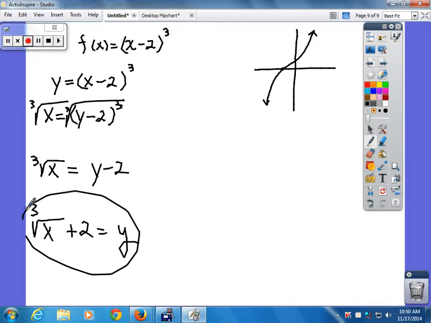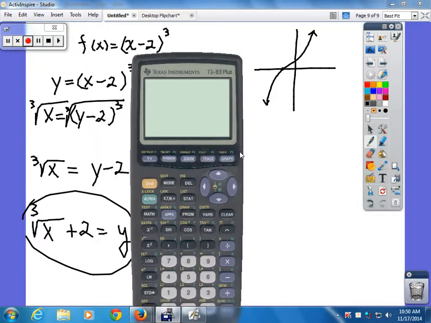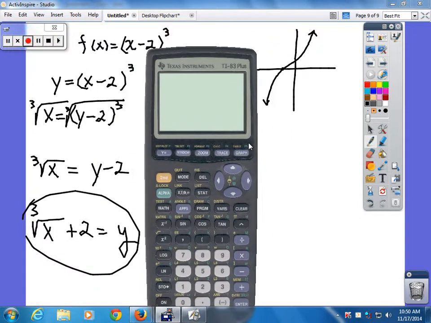Now, let's go ahead and graph both of them on the calculator. All right, the first one is x minus 2, so that'd be parentheses, x minus 2, close parentheses, quantity cubed. Is it cube?